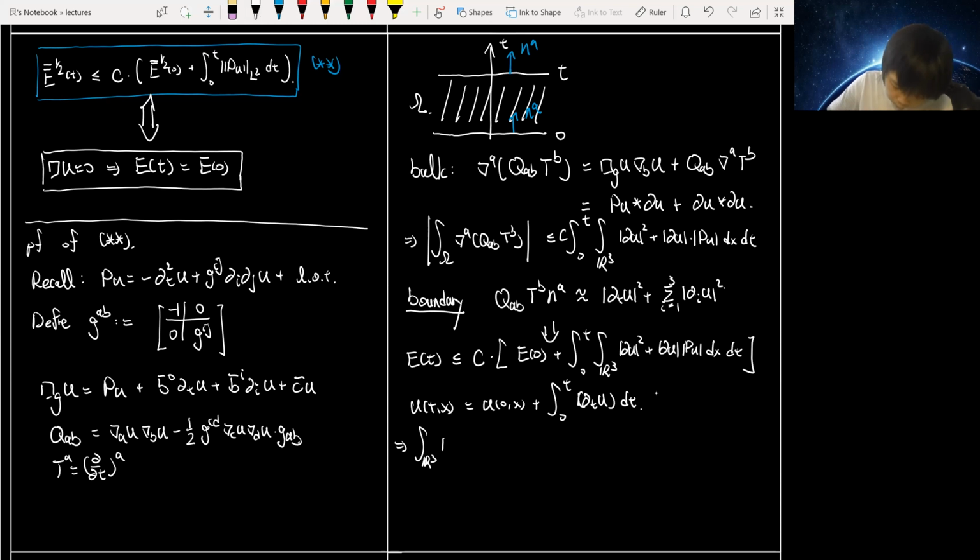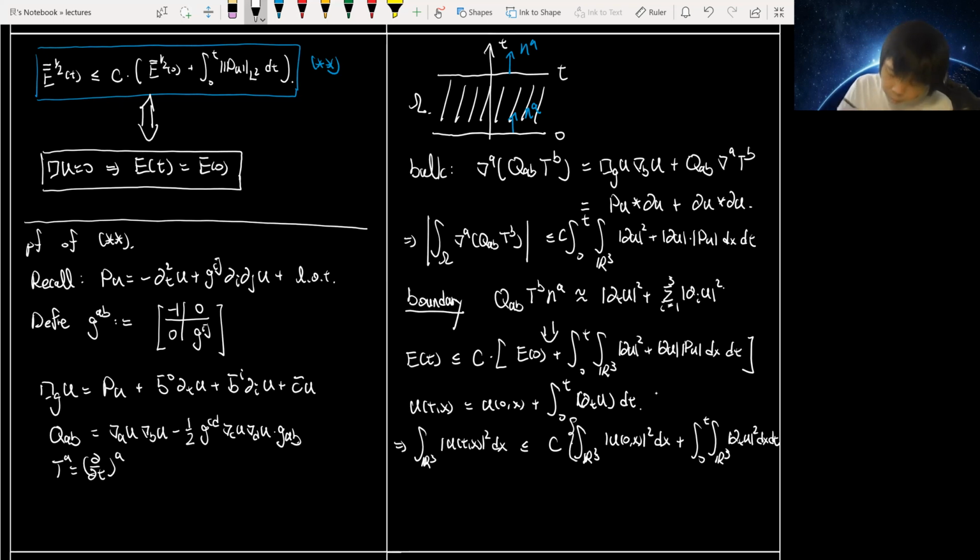The integral of u(T,x) squared dx is bounded by a constant times the integral over R3 of u(0,x) squared dx plus the integral from 0 to T over R3 of dt u squared. And I want to emphasize that the constant here may depend on capital T. So the larger capital T is, the larger this constant C should be.